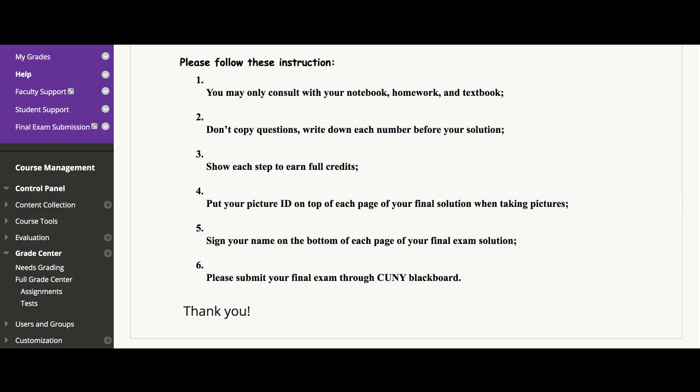Noella is asking, so we stay in class? Yes, you stay in your place, all right, with camera on. So the final is on the 14th, 7:10 to 9. Throughout the hours you're doing your final, you have to show me your ID.